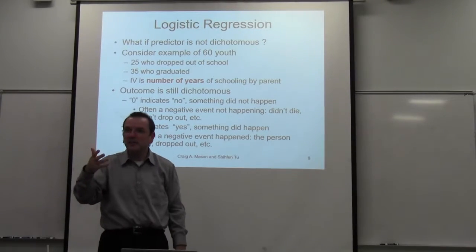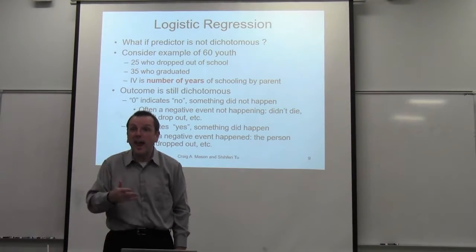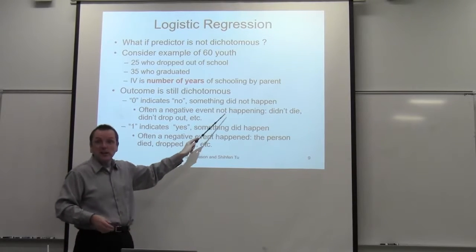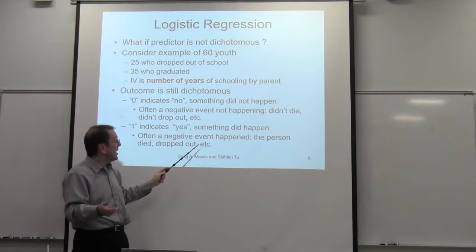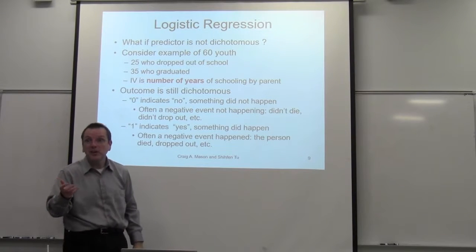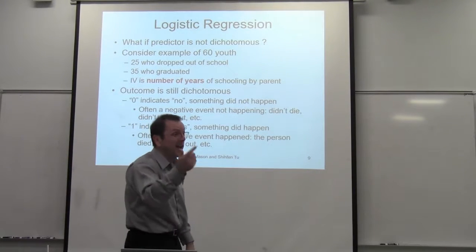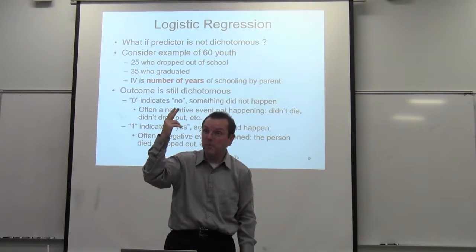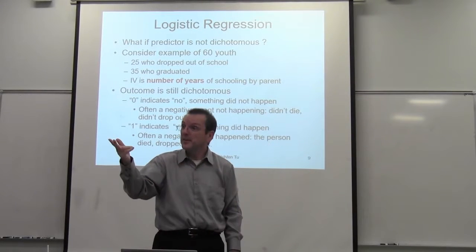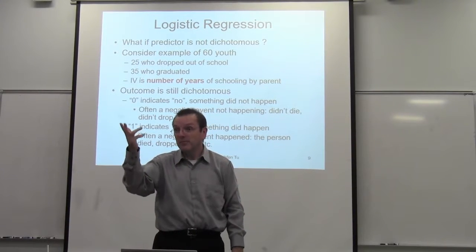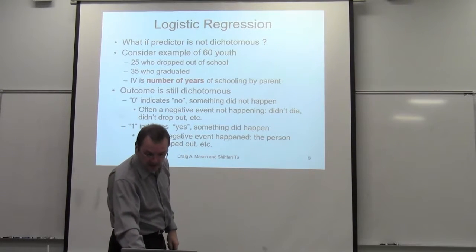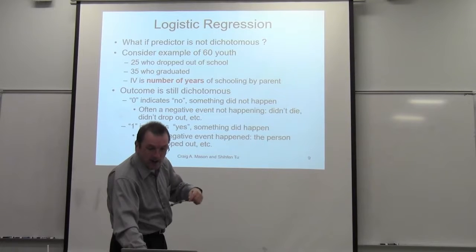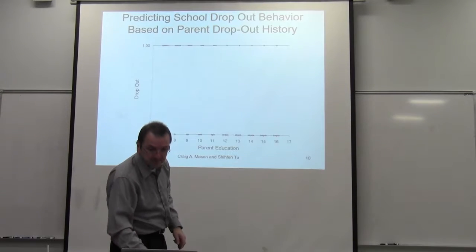You didn't die, you didn't get arrested, you didn't drop out of school is the 0. And the 1 is that something did happen. You died, you got cancer, you got arrested. And that's the 1, indicating whatever happened did happen.